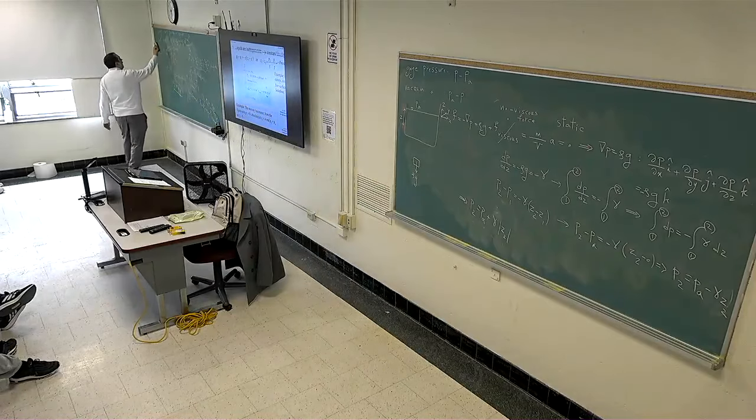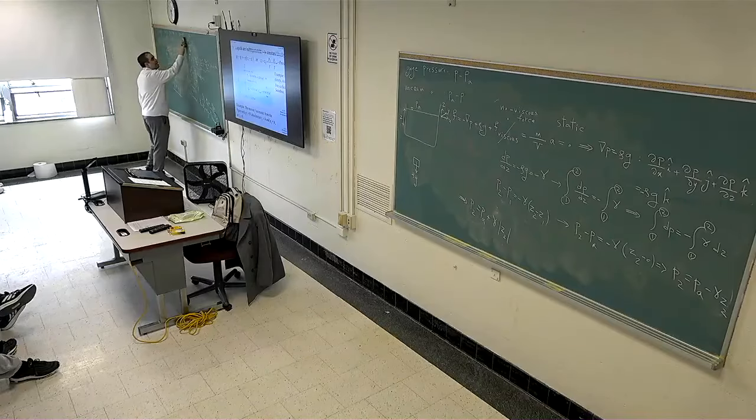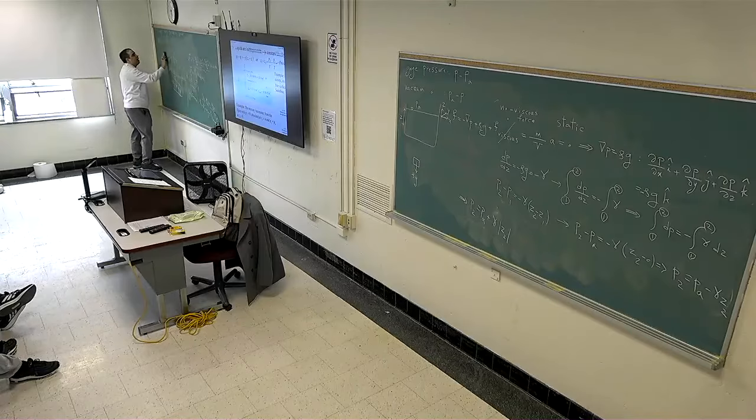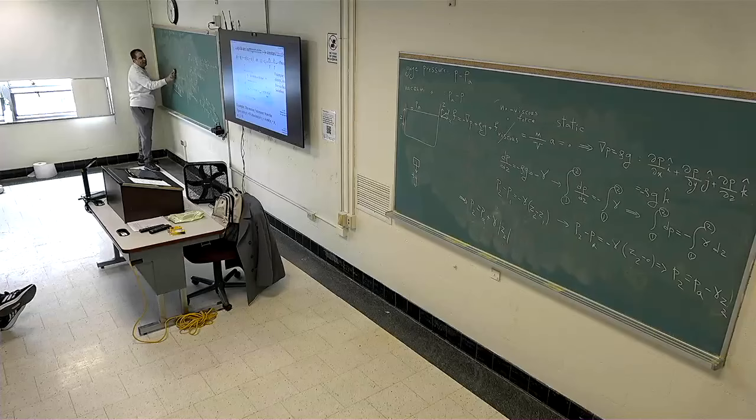Question: why does the airplane fly at 11 kilometers from the Earth's surface? Why don't they fly at, for example, 2 kilometers?